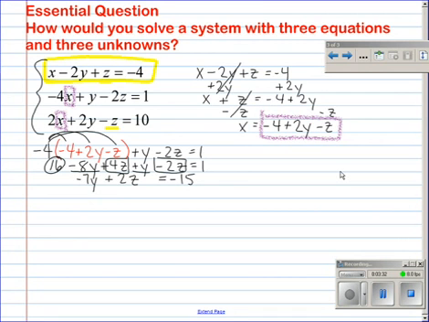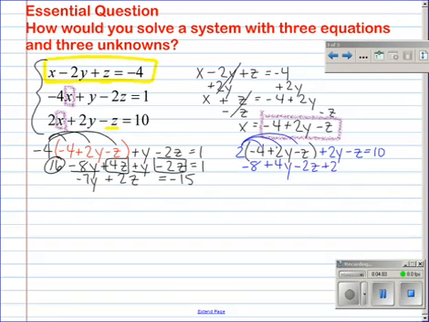Now I've got to repeat this whole process with that third equation. So I would take the bottom equation and write 2 times (-4 plus 2y minus z) plus 2y minus z equals 10. Then I do distributive property. So that would be -8 plus 4y minus 2z plus 2y minus z equals 10.